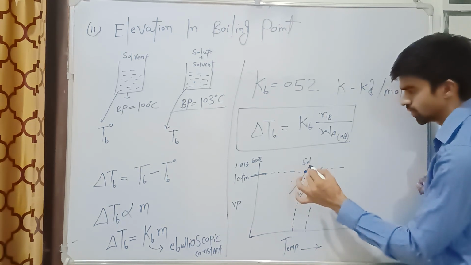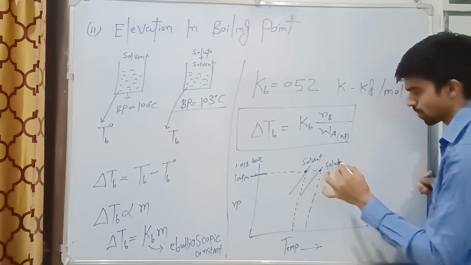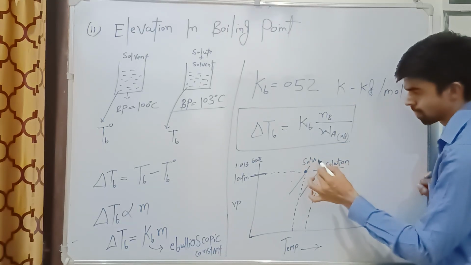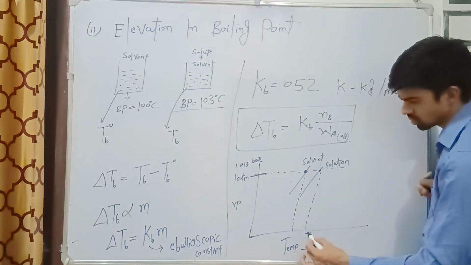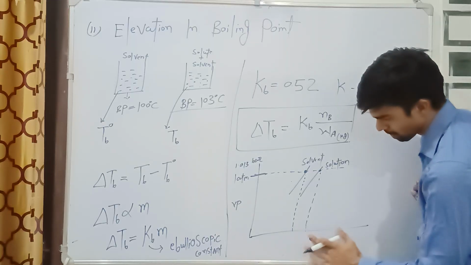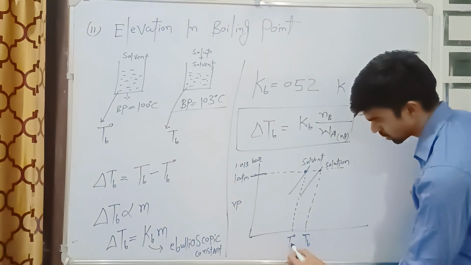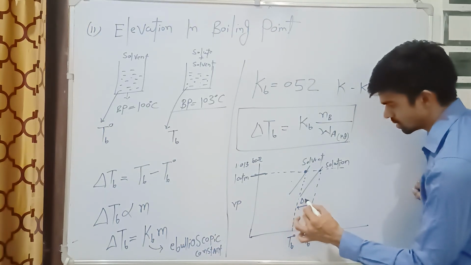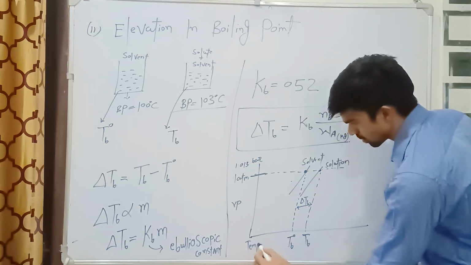This is for solvent, and this is for solution. This is Tb and this is T naught b, and the difference between them is del Tb. This is showing the temperature.